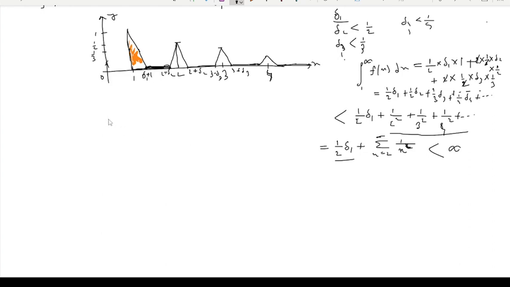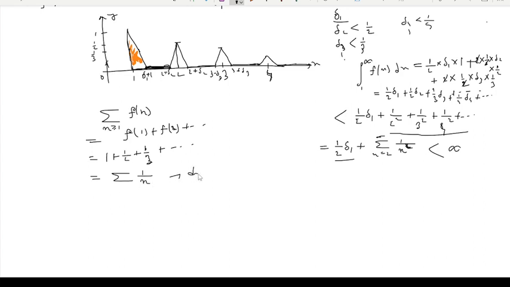But now calculate summation n greater than or equal to 1 fn. By our definition, this is f1 plus f2 plus and so on. Our f1 is by definition 1, f2 is 1 by 2, f3 is 1 by 3, and so on. So this is a p series 1 by n to the power p for p equal to 1, and clearly this is a divergent series.